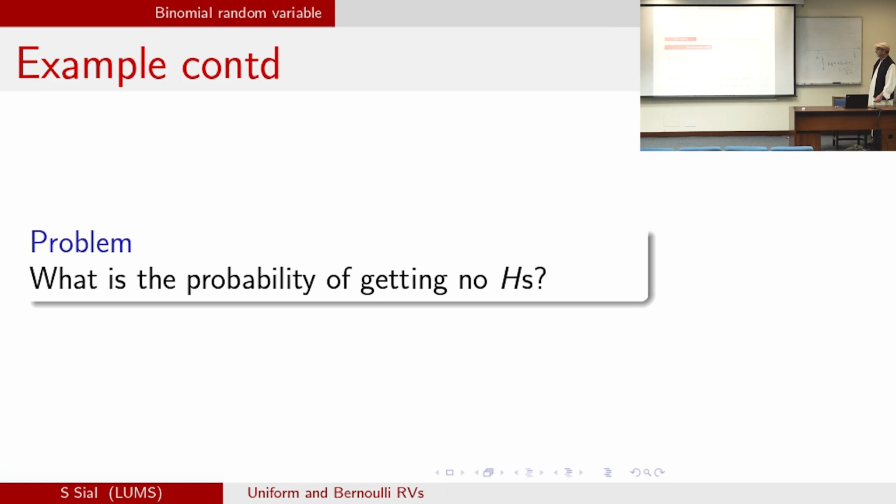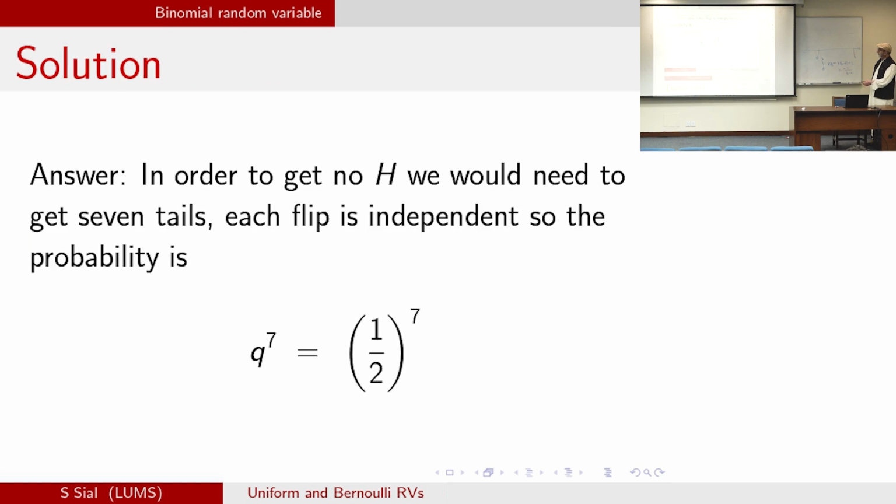You're going to get q to the 7, which is, in this case, 1/2 to the 7. Later on, we're going to allow p and q to vary. But for now, it's q to the 7, which is the same as 1/2 to the 7. That's the probability of getting no H's. Okay?